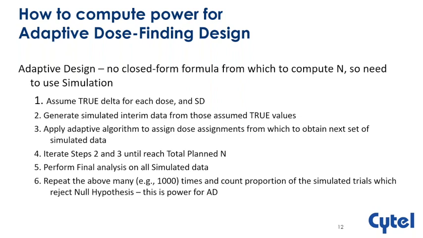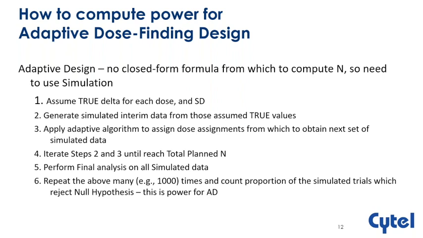We repeat steps 2 and 3 until we reach the planned sample size or until we reach our stopping criteria if we insert one. And then we carry out the final analysis on the simulated data and repeat that many times and count the proportion of simulated trials that reject the null hypothesis.